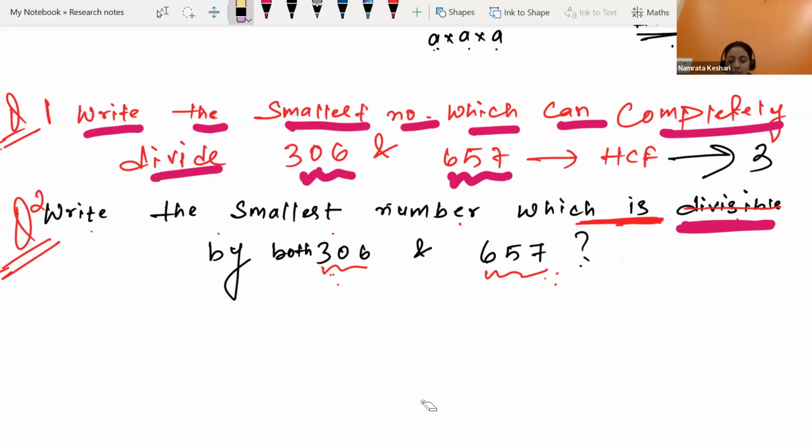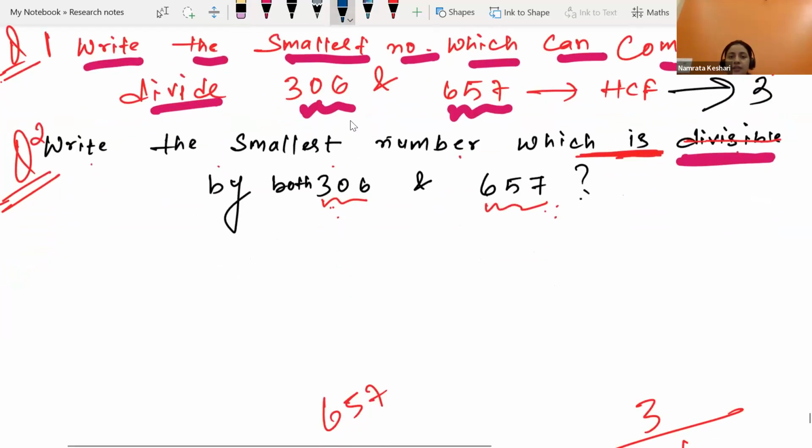Yes, let me know the answer. Teacher, is the question completely divisible or only divisible? Only divisible and completely divisible are the same thing, Fazan. Then why did you write question 1 and 2?